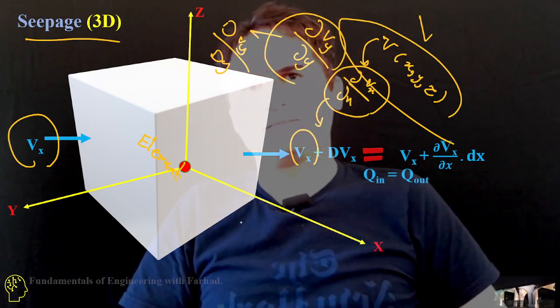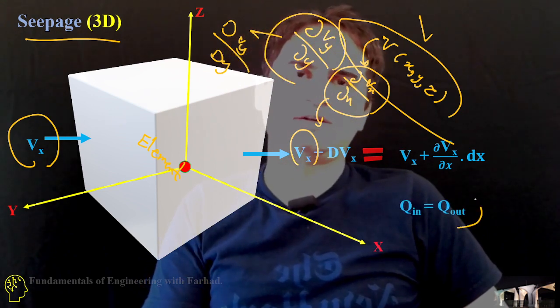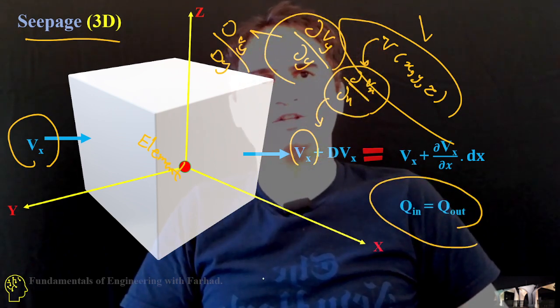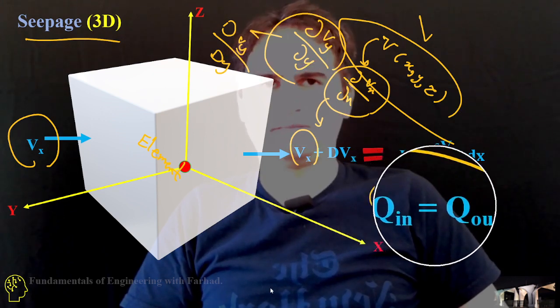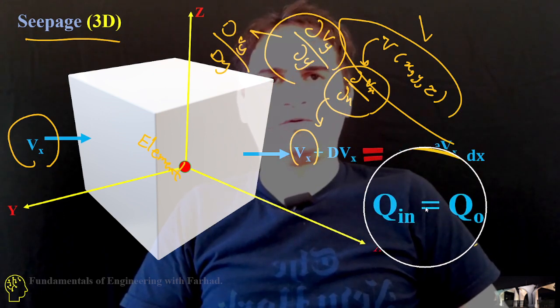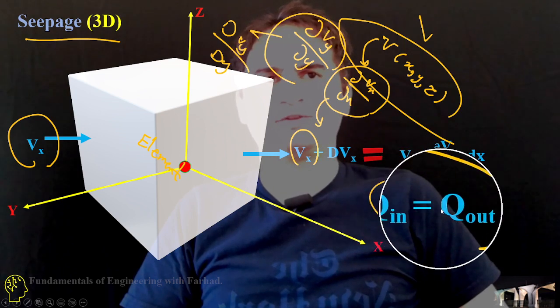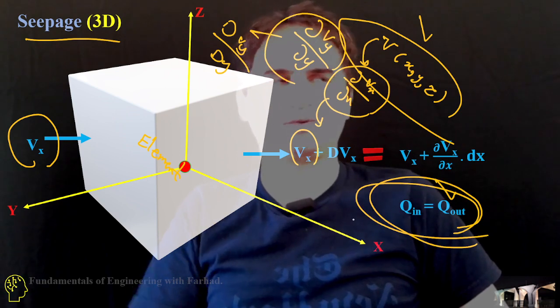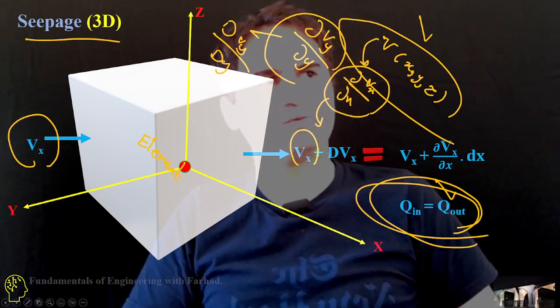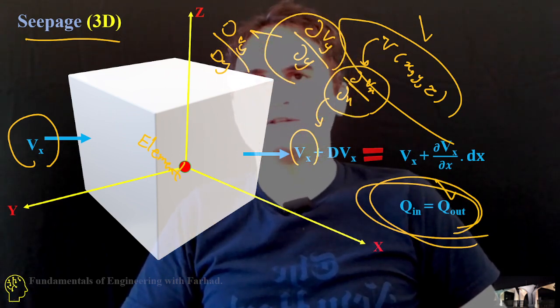If we consider the continuity equation, it says the same discharge that comes into our volumetric element should go out, the same amount of water. So Q in is equal to Q out due to continuity of discharge.